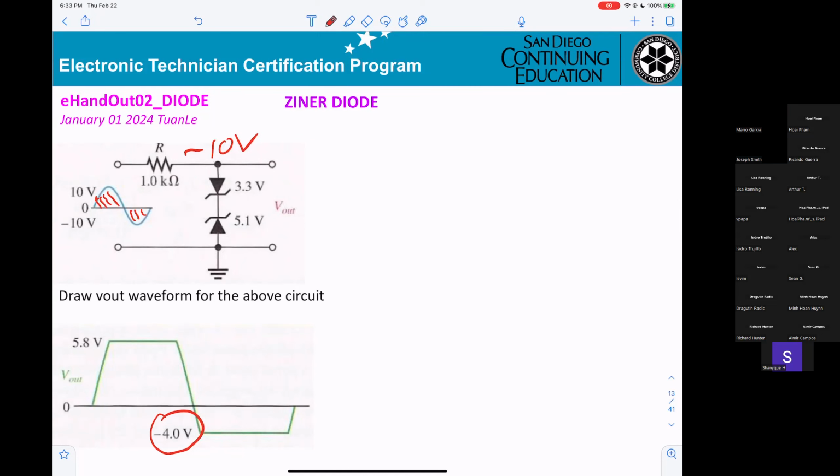They only break down if they are higher than 3.3, or higher than 5.1. However, they get minus 10. So basically, both diodes cannot break down.